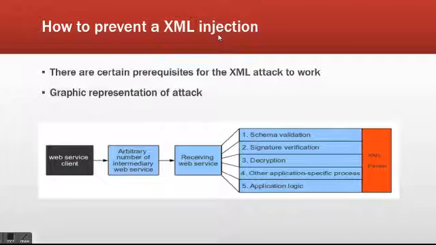Otherwise, he or she is not going to be able to reach the web service. The attacker needs to know metadata such as the WSDL file in the web service. And then finally, the attacker can reach the endpoint from its location. So the access of the attacked web service server is possible for the attacker.